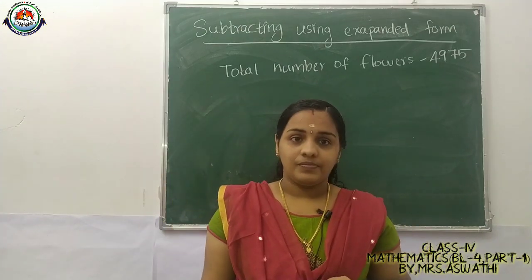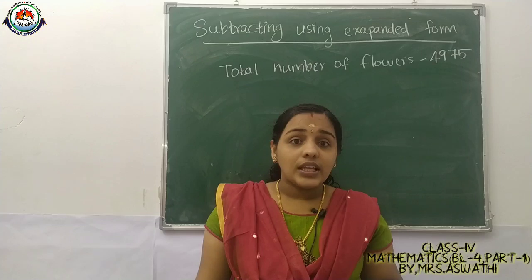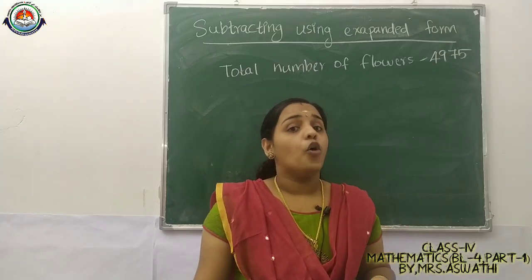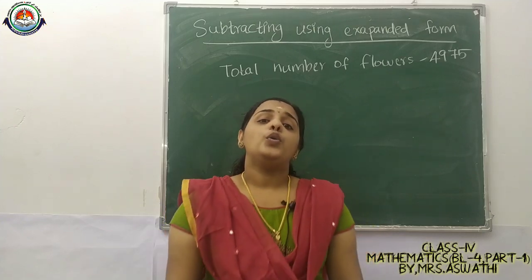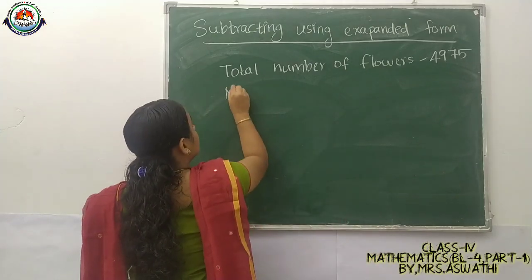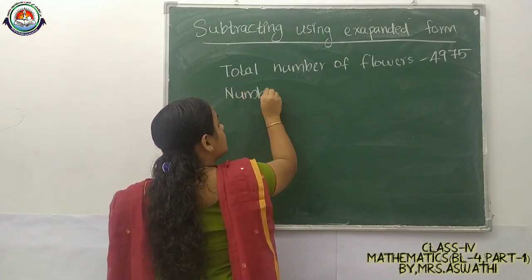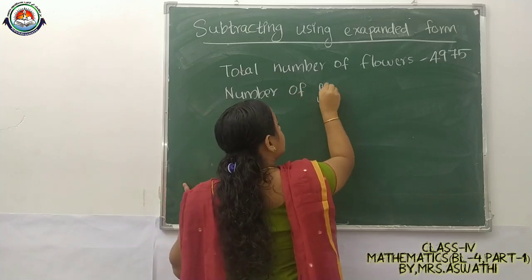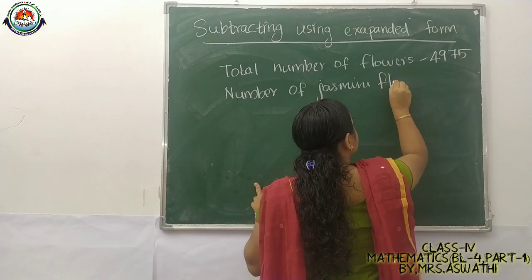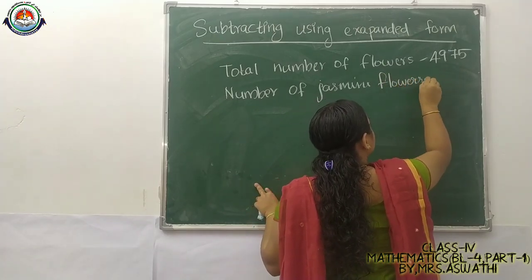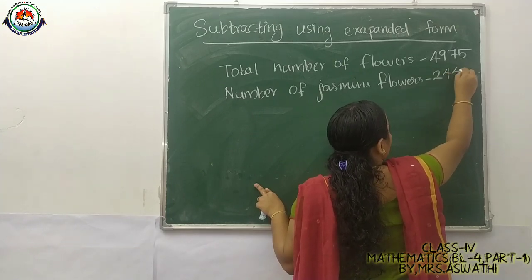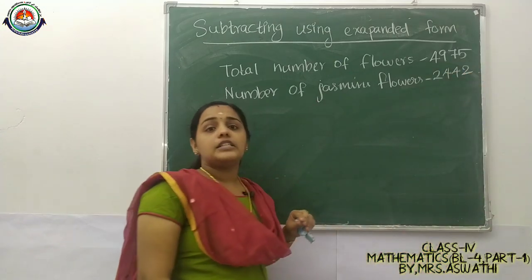And there are 2,442 jasmine flowers. How many jasmine flowers are there? 2,442 jasmine flowers are there.